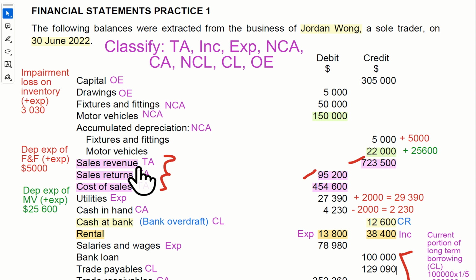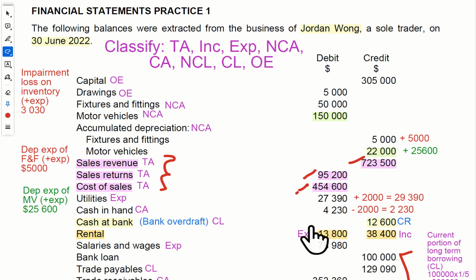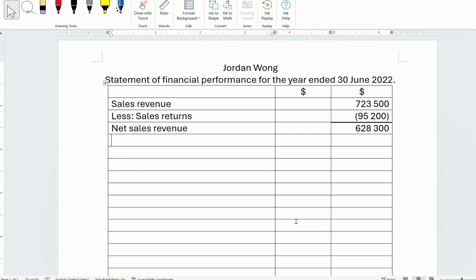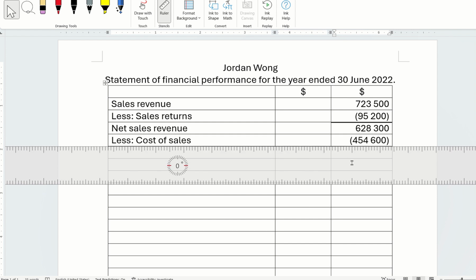After that, the next item in the trading account is cost of sales. So I will have less cost of sales, 454,600, and it's less, so there is a bracket. After that, my ruler appears again, and I will draw a line.